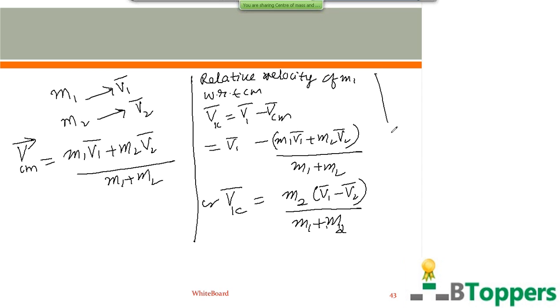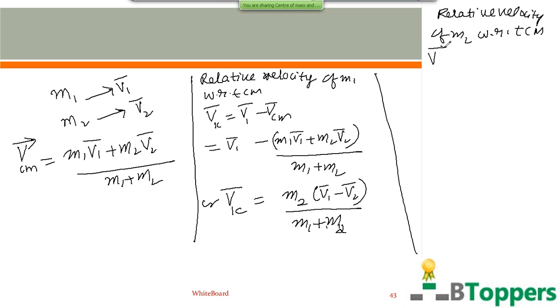The same way, the relative velocity of m2 with respect to the center of mass of the system, denoted by v bar subscript 2c, is equal to v2 bar minus vcm bar.